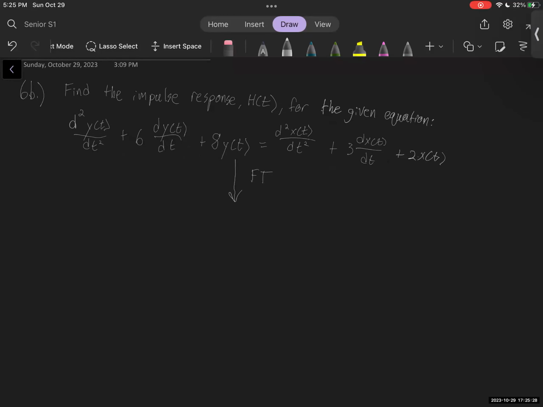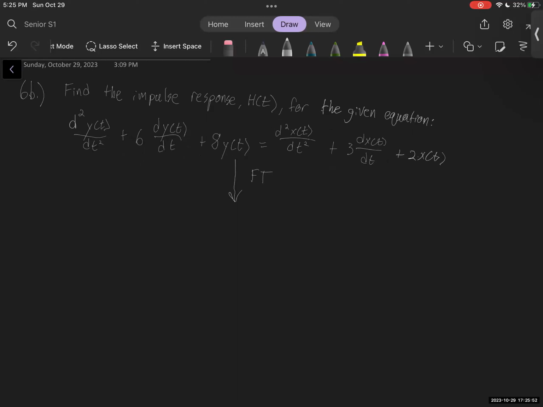And if we consult back to our properties table, there's 2 properties we can use here. Differentiation and linearity. So linearity, you're just going to carry through any coefficients that are amplitude scaling. And then for differentiation, each derivative becomes a j omega times x of j omega.